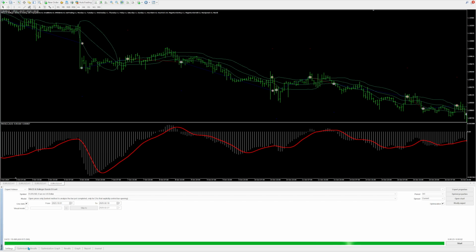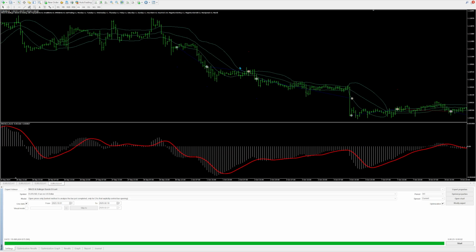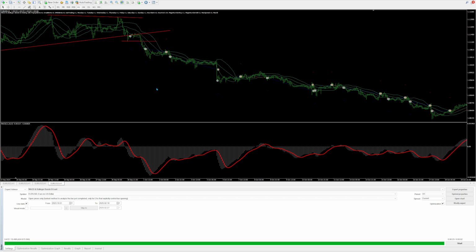Okay, but I prefer much to use logic. For example, with this particular strategy, what I would do is, I can see here I have a resistance, support, okay, triple top formation, breakout here of the support, nice M chart formation there as well. And this breakout here would have been an ideal time to get in on this new trend.